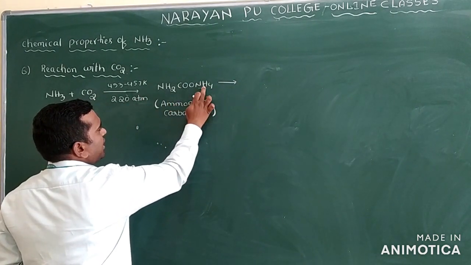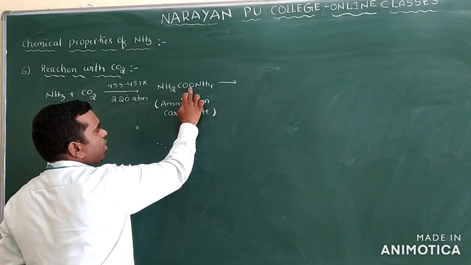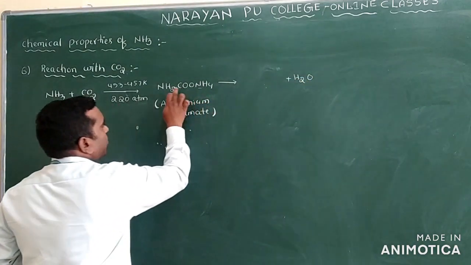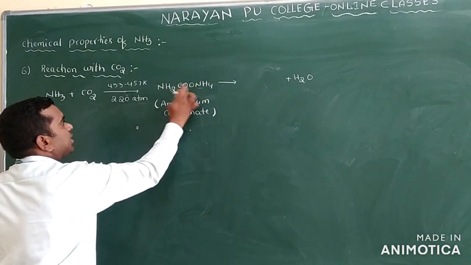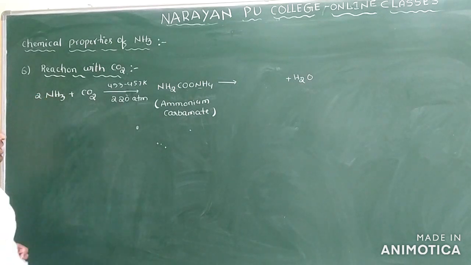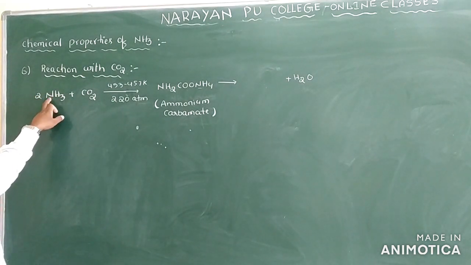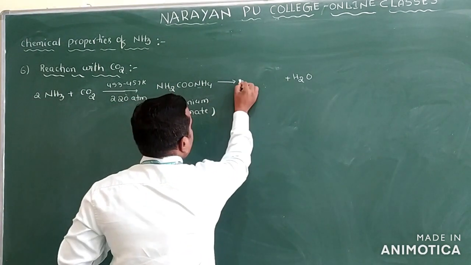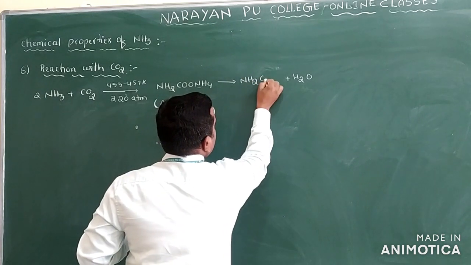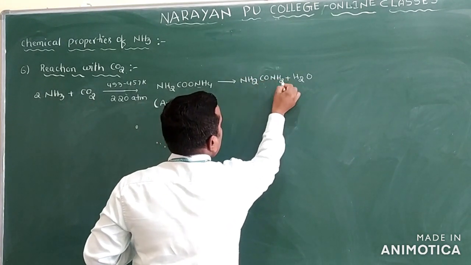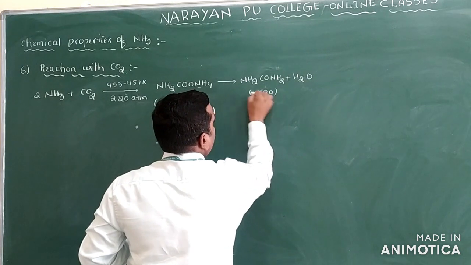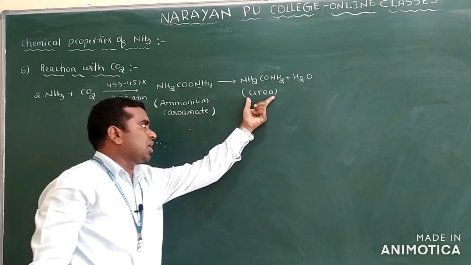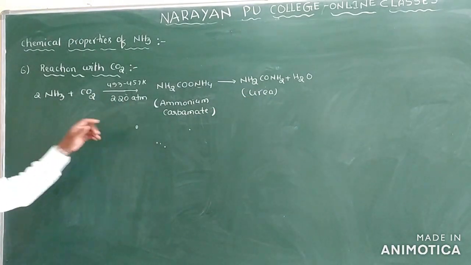Here NH2CO NH2 is the urea, and 2 hydrogens and 1 oxygen are removed as water, H2O. How many nitrogen atoms are there? 2. So you have to multiply by 2; previously I had not balanced this, so 2 NH3 will come here. What we call this compound is urea. So whenever ammonia reacts with carbon dioxide, the product you get is urea. Clear? That we have discussed.